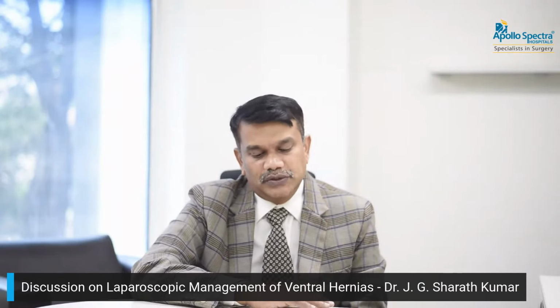Or irreducibility, cosmetic purposes, and signs of intestinal obstruction like sudden onset of pain, vomiting, constipation with obstipation. This is the emergency surgery for ventral hernia repair. So these are the indications for ventral hernia repair.